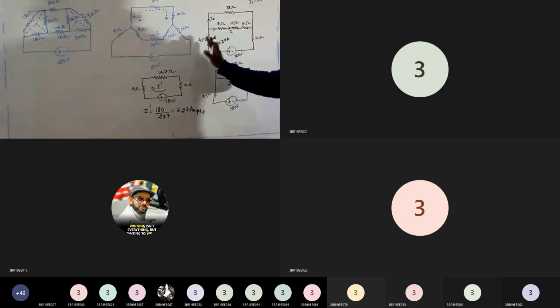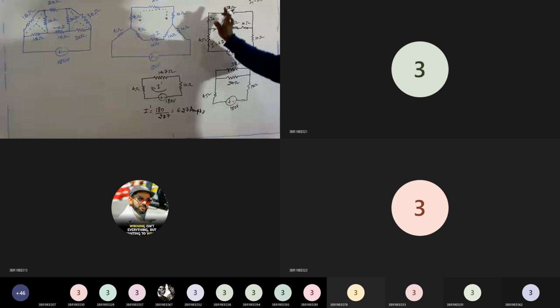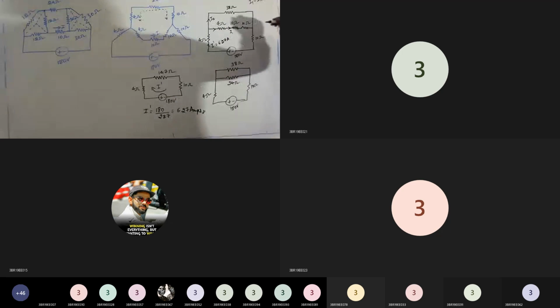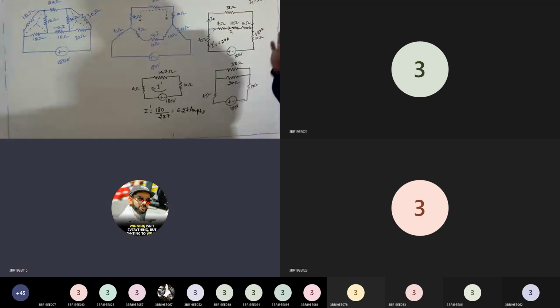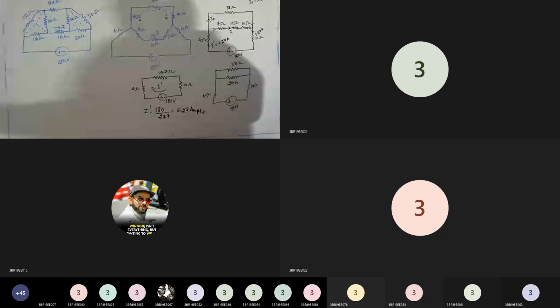This current will divide into two branches because both are connected in parallel. Once again, these two currents will enter at this junction and the same current 6.27 will flow through the 10 ohm. In a loop, current will be the same.